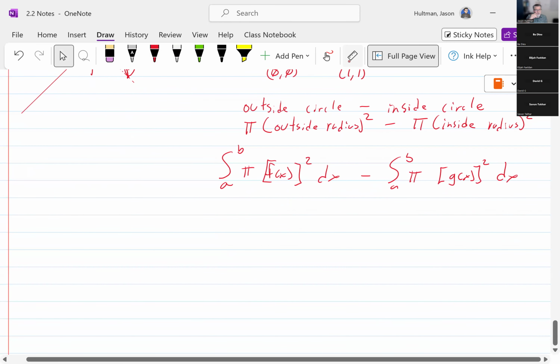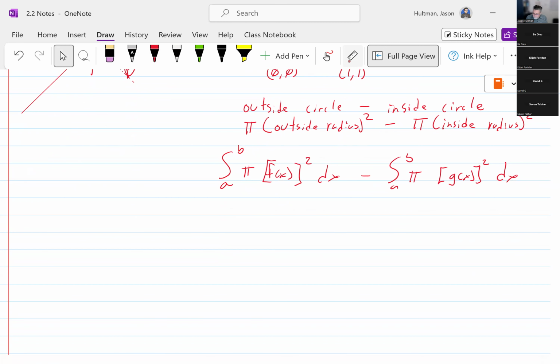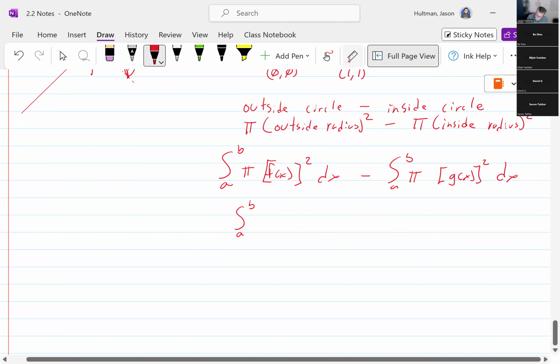Well, since they're going from A to B, and they're both being integrated with respect to x, and they both have pi, I can combine this into one integral. Let's factor out the pi first.